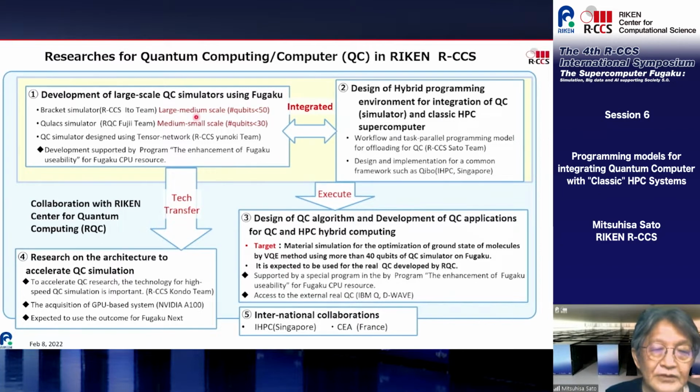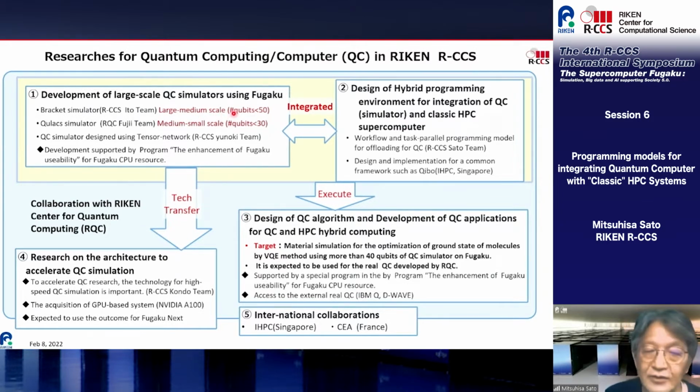The first sub-project is the development of large-scale quantum computer simulators using Fugaku. We have two kinds of simulators. One is Bracket, which is developed by Dr. Ito. This simulator is used for large-scale to medium-scale simulation.